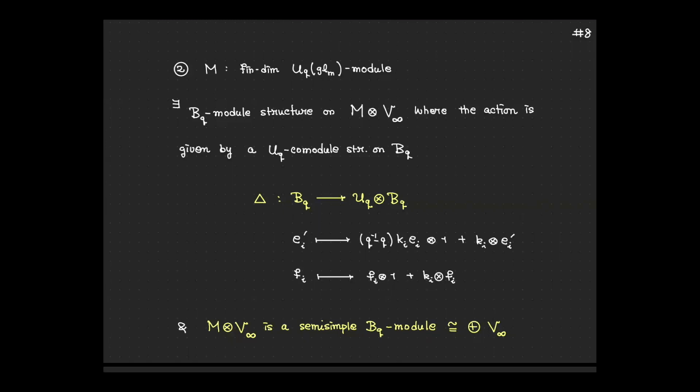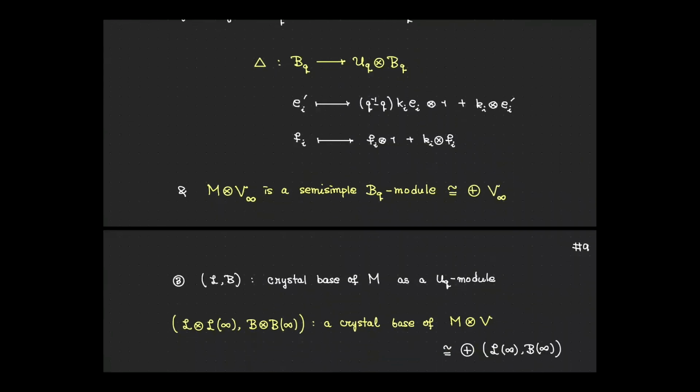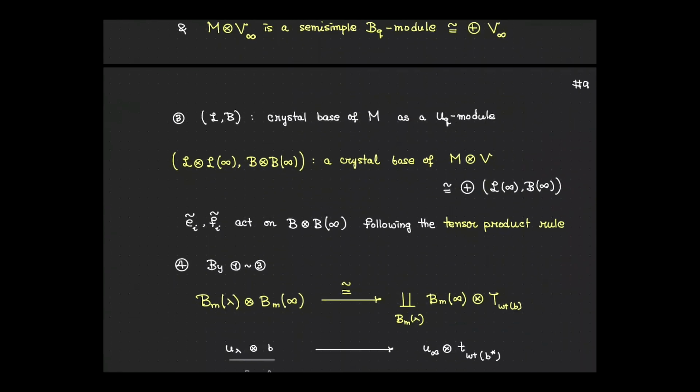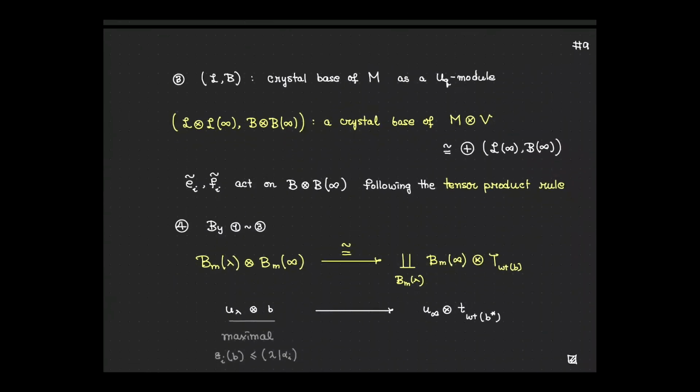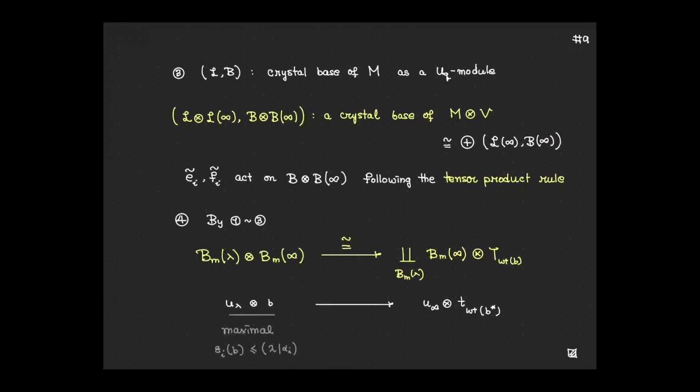So under this action, M tensor V infinity becomes semi-simple. What is good is the semi-simple Bq module is isomorphic to, since it has only one simple module up to highest weight, a direct sum of the V infinities. Applying this fact, we can show the fact which I mentioned.